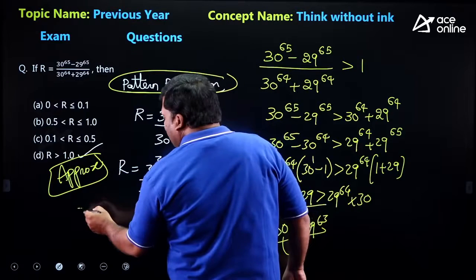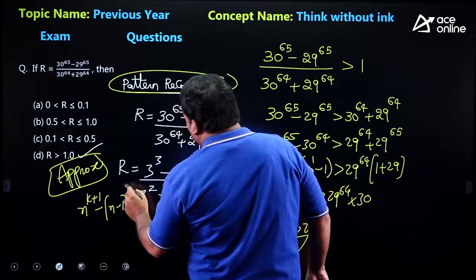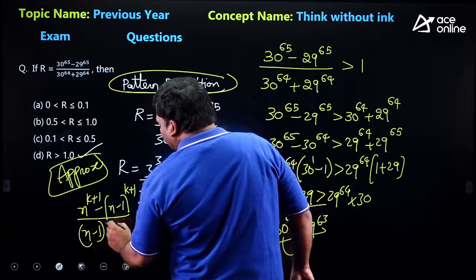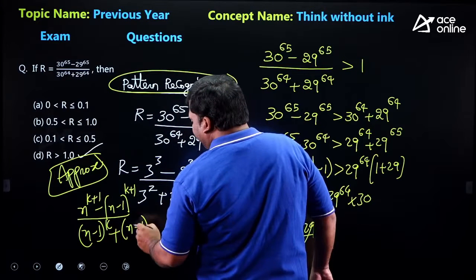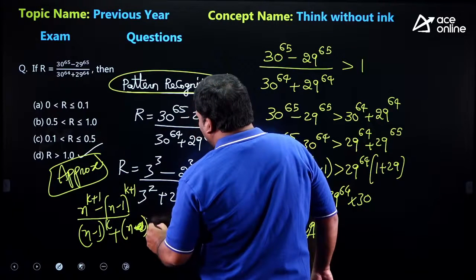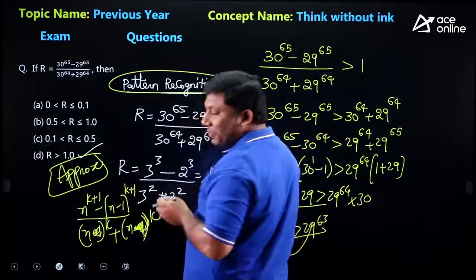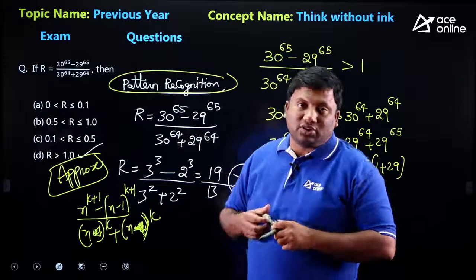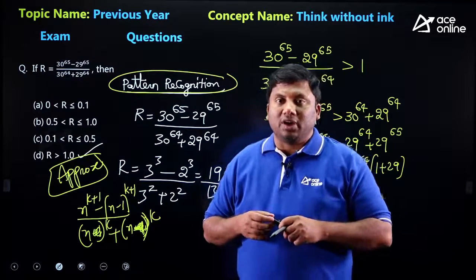The pattern is n power k plus 1 minus (n minus 1) power k plus 1, divided by n power k plus (n minus 1) power k. So k I substituted any value. You do not need to look at this pattern. I hope you understood it. Any doubts that you got, kindly let me know. Let me go through the comments.